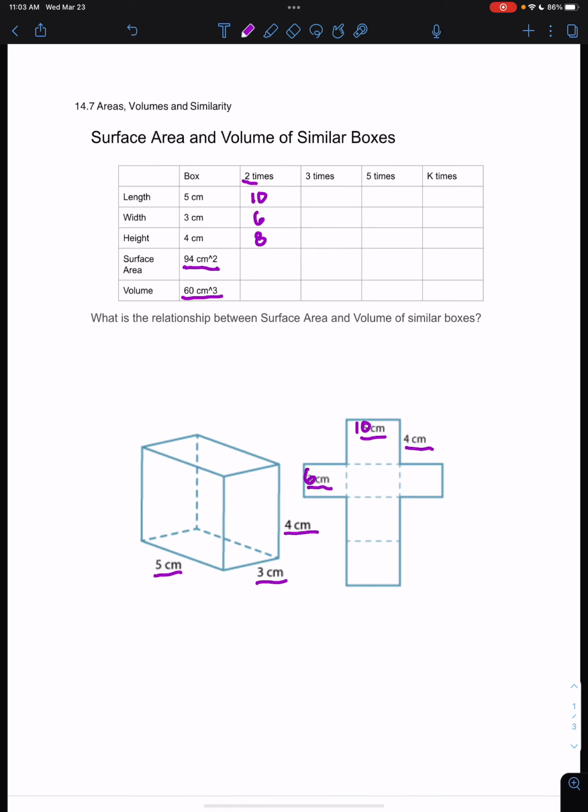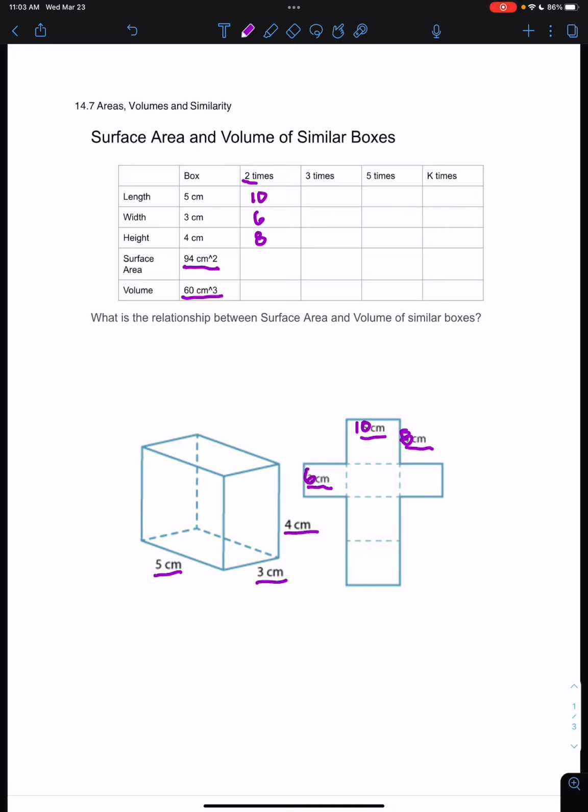10, 6, and 8. And now you might predict that because our scale factor is 2, our surface area is going to be multiplied by 2. That might be a good prediction. However, it would be incorrect.